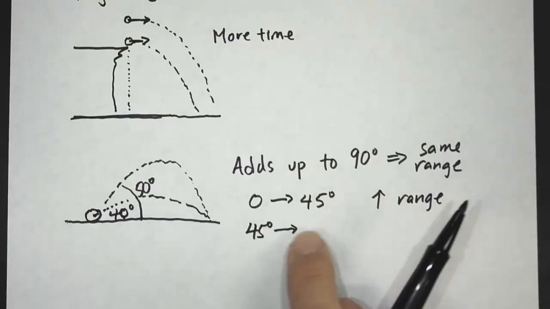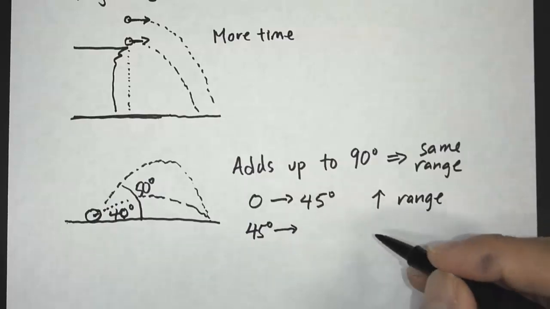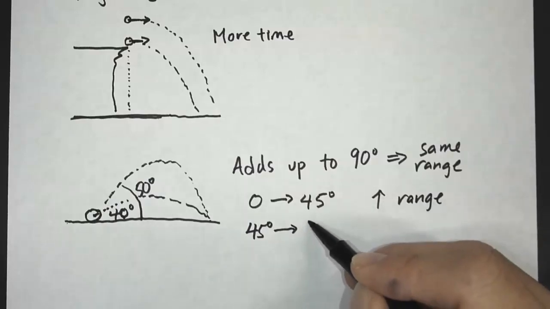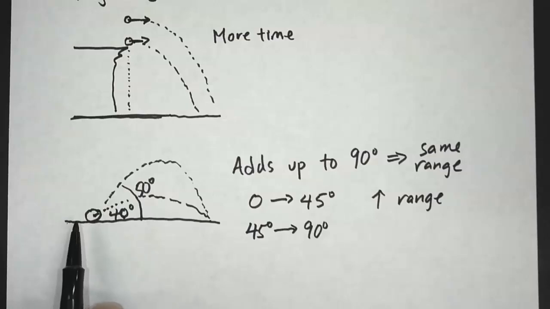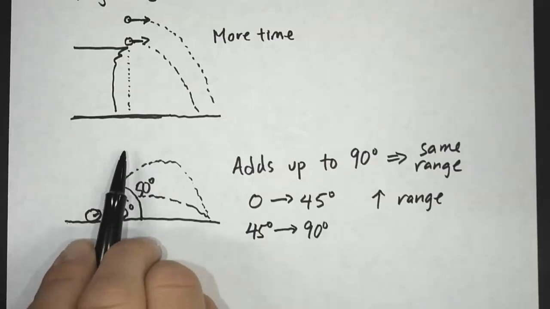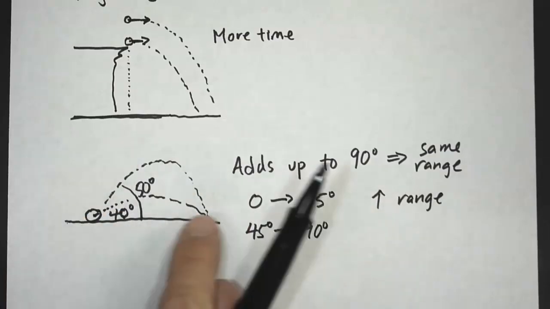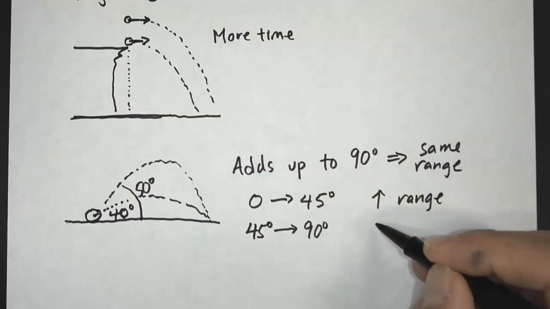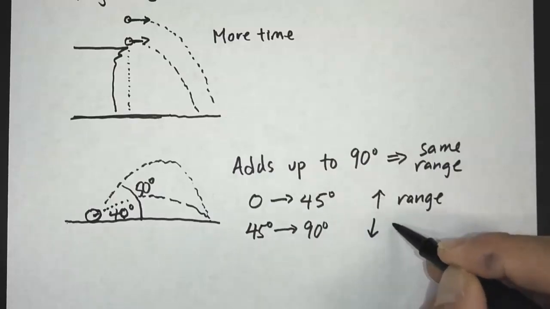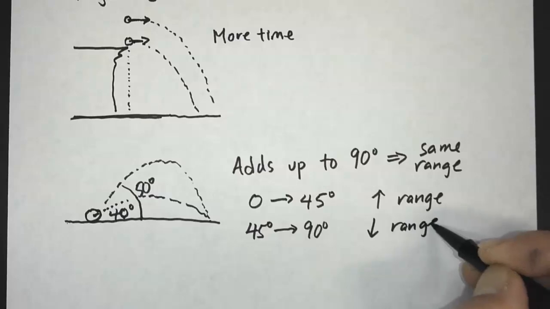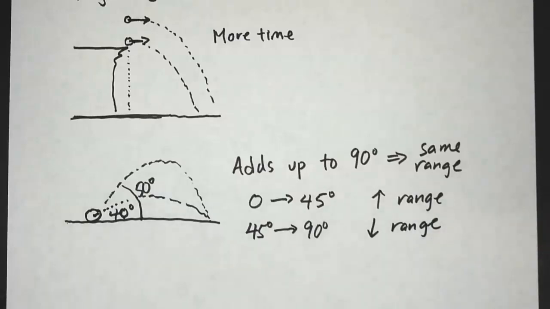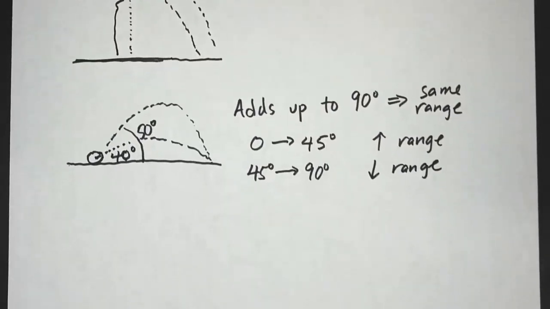But as you go from 45 degrees to 90 degrees, it's going to shoot higher up and not go as far to the right. So as you increase the angle from 45 degrees to 90 degrees, you're going to decrease the range.